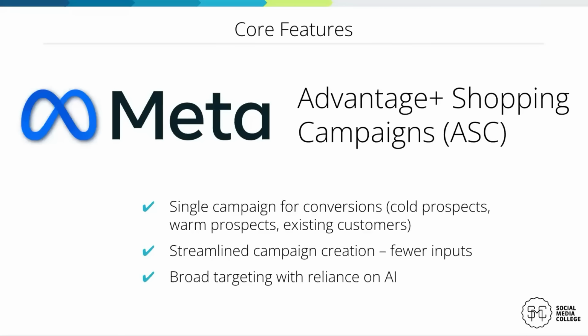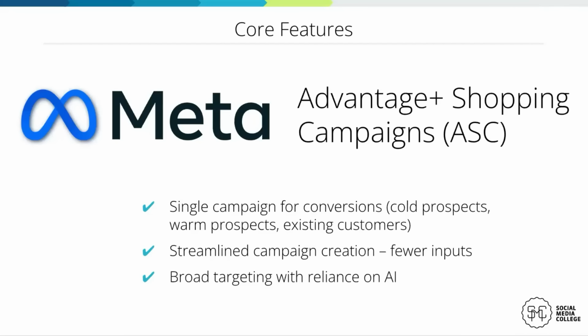The third thing, which is a big change, is very broad targeting. So it's relying on AI. It's looking at the people that are interacting or engaging with your particular ad, and then it's profiling those people, and then it's putting the ad in front of more people that resemble those ideal customers that you have. And the way in which it does that is to start by going very broad.